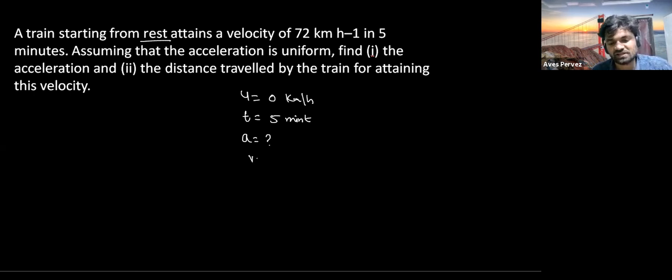Here the final velocity is given, that is 72 km per hour, attained by the train in 5 minutes while traveling with uniform acceleration. So we need to calculate first the acceleration, and secondly the distance, that is the displacement, that the train traveled in 5 minutes to acquire this speed.